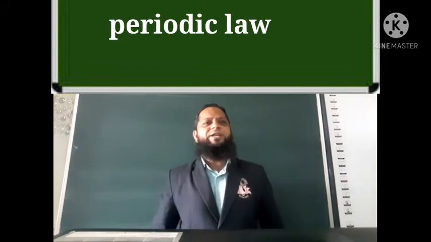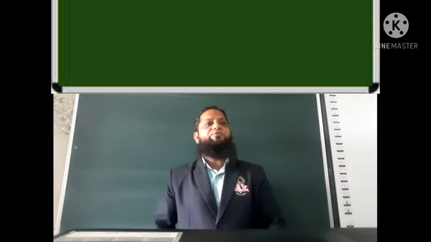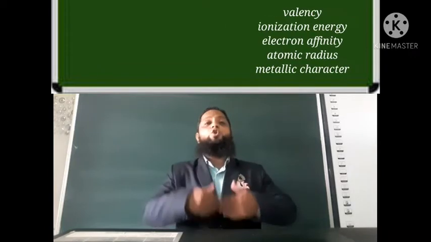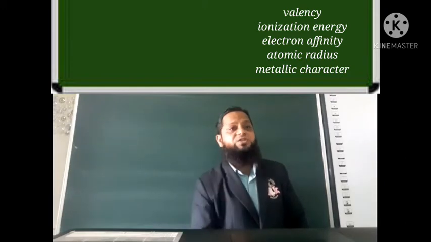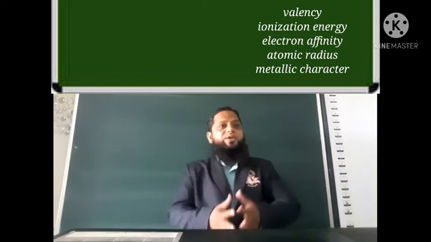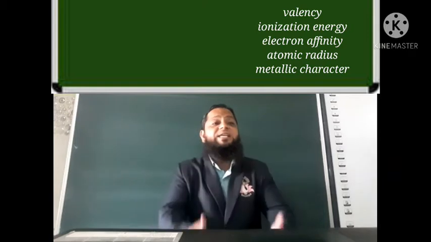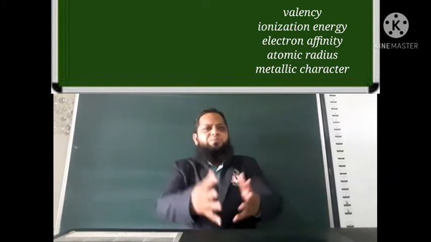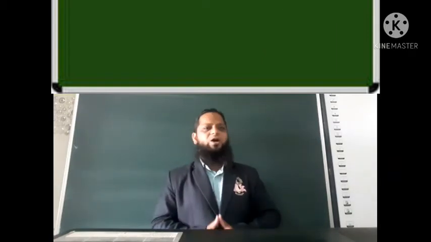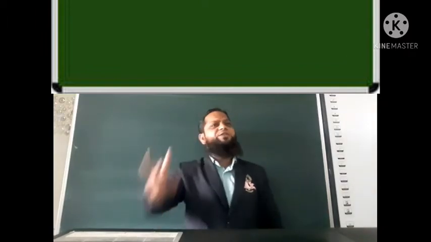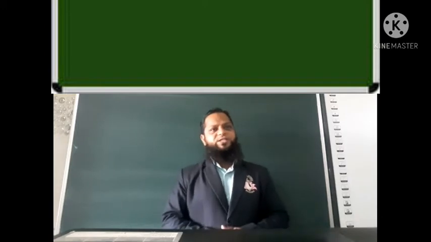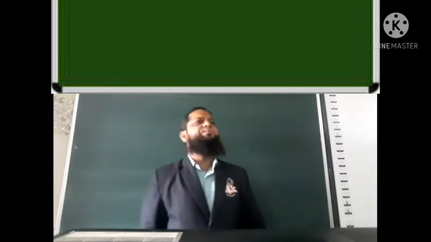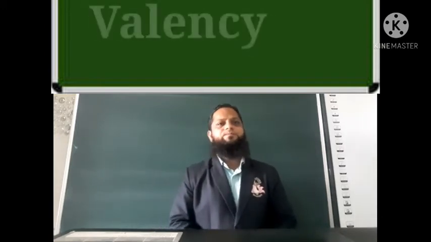Major periodic trends include valency, atomic size, atomic radii, ionization energy, electronegativity, metallic characters, melting point, and so on. So let's begin with the first periodic trend in the modern periodic table. That is nothing but the valency.